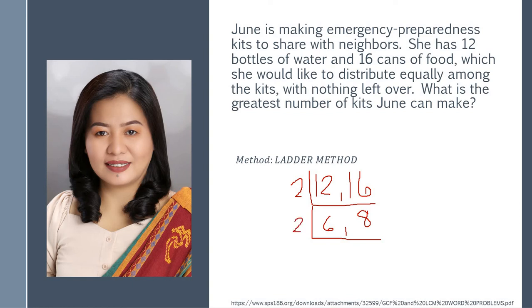Yes, so 6 divided by 2 is 3, and 8 divided by 2 is 4. Can we still factor out 3 and 4? Is there something common between 3 and 4? The answer is no. So we only have to multiply the numbers outside on the left side. That's 2 times 2, which gives us 4, similar to our previous method.